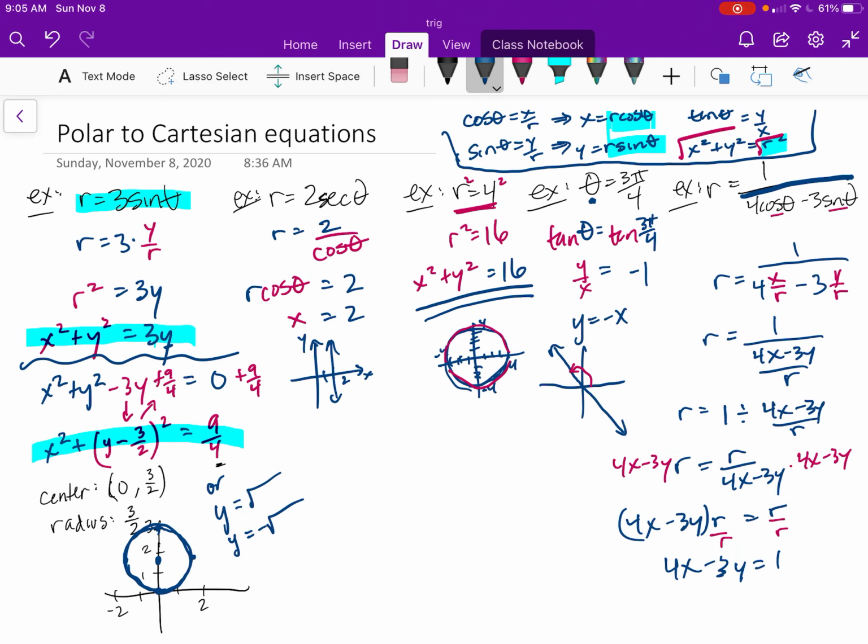Now we've got rid of all the r's and thetas. It's a line. Best to solve for y, putting it in y equals mx plus b, slope-intercept form. So 3y equals 4x minus 1. So y equals 4/3 x minus 1/3 once I divide by 3. And now I know what the line looks like. Slope of 4/3 with a y-intercept of -1/3.